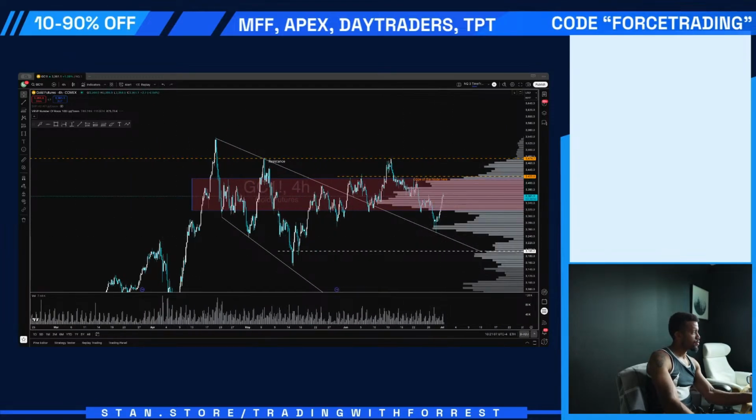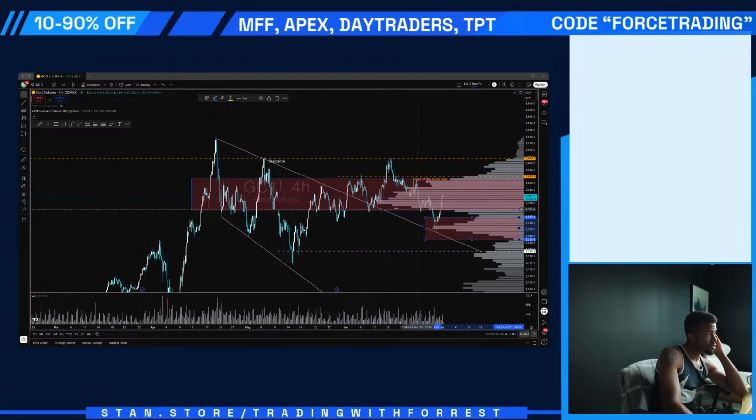This is like a perfect representation of how confluence plays out. So we have a little auction right here. This is something that's worth doing a video on. But we had the prediction that this resistance would become support. It did. And the reason why that's a very high probable case is because of this shelf here.